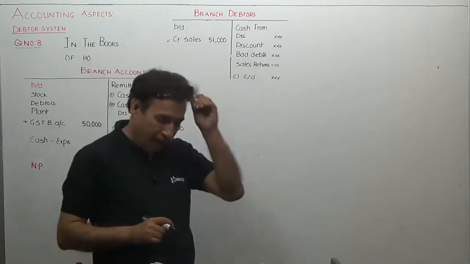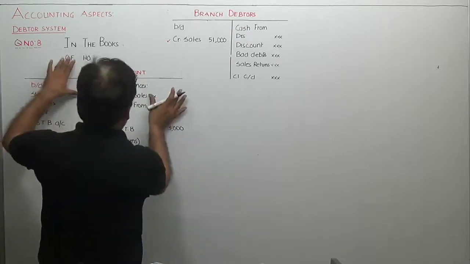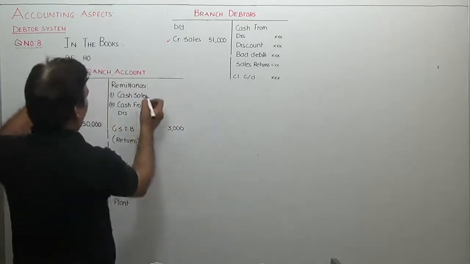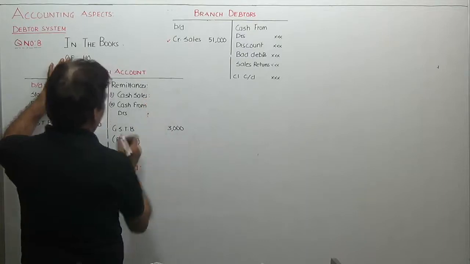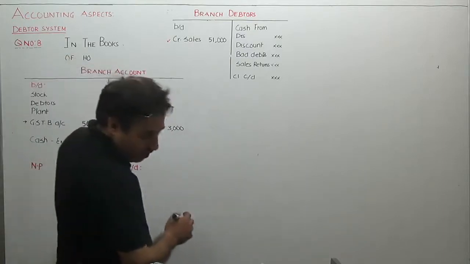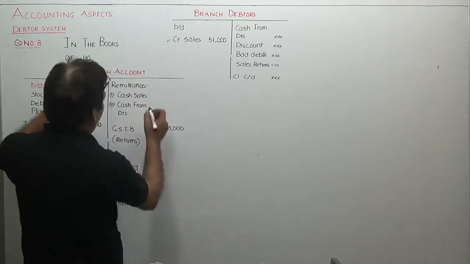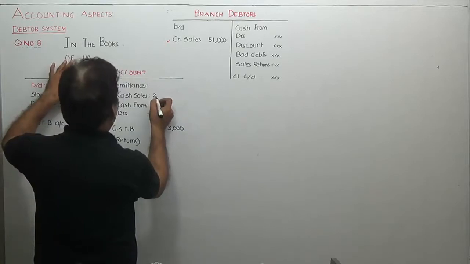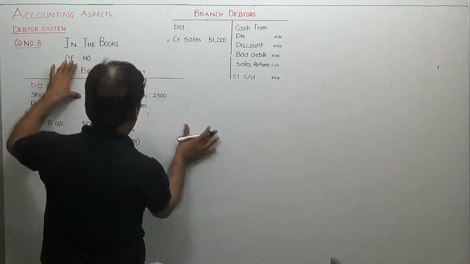Then we have cash sales at branch. We just talked about this. Remittances has two important facets. One is cash sales, which is given to you. In this case, cash sales are 2,500. So you will write here cash sales 2,500. Correct?